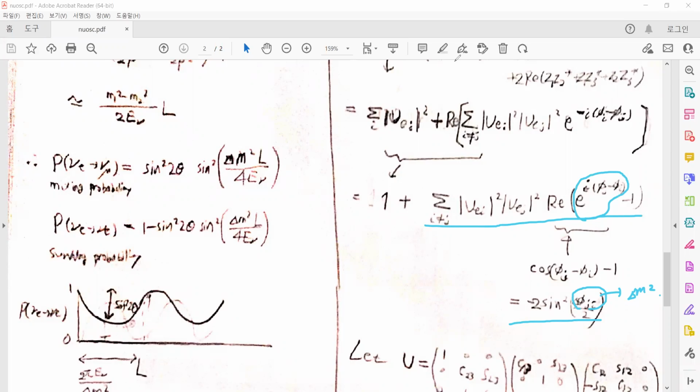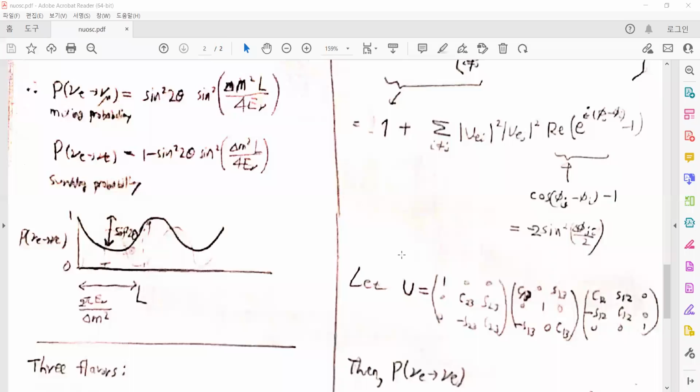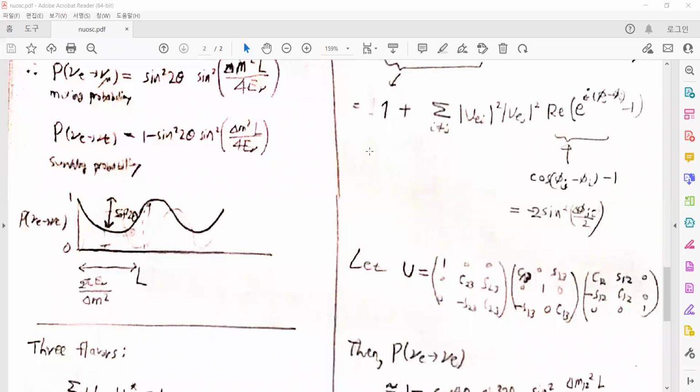And we will parameterize such a 3x3 unitary matrix, which has 3 parameters. So there are 3 angles: theta 2 3, theta 1 3, and theta 1 2. And the multiplication of the 3 matrices gives the mixing matrix of the neutrino oscillation.